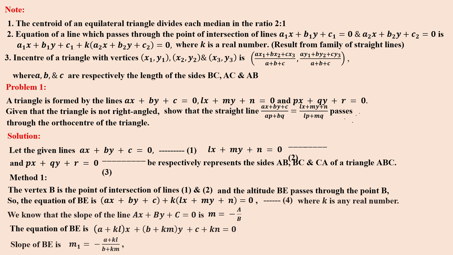Using the above formula for Ax + By + C = 0, whose slope is m = -a/b, here instead of m we take m1, where a is A + kL and b is B + kM. So m1 = -(A + kL)/(B + kM), right?